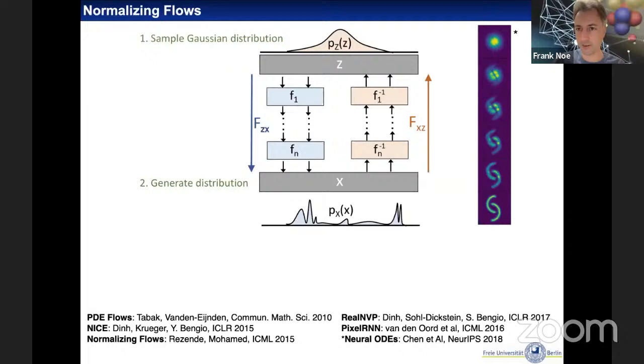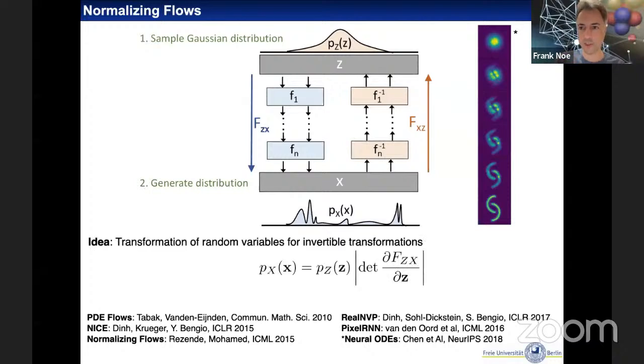So we can generate an input Z, push it through the network, get an output X, and then we can also take X and evaluate the network backwards and regenerate Z. And because it is invertible, we can use the transformation of random variables for invertible transformations, which allow us to compute the probability density of the output, given that we have the probability density of the input and the Jacobian determinant of the network. So the Jacobian determinant, that is something we can compute efficiently for certain networks, not for every network.